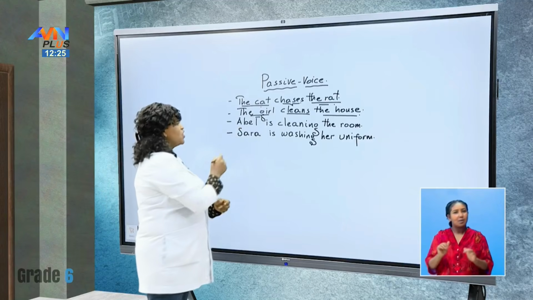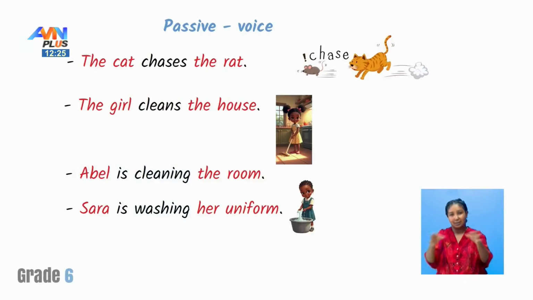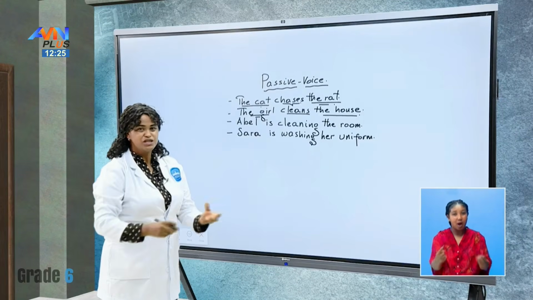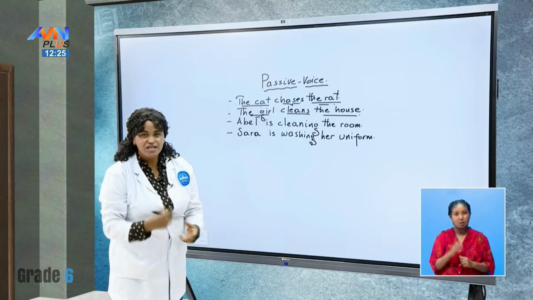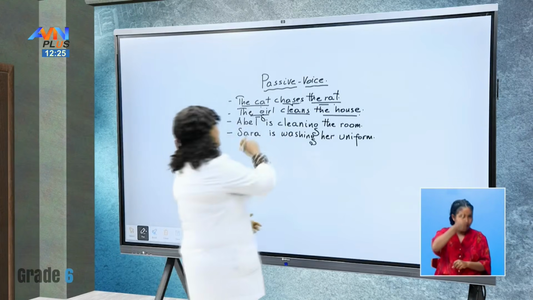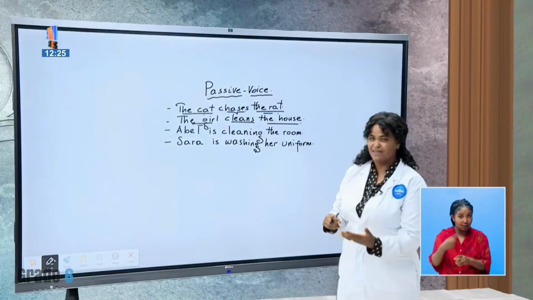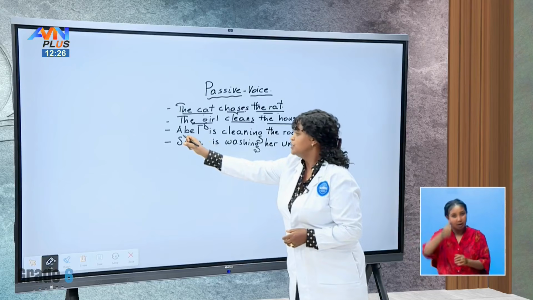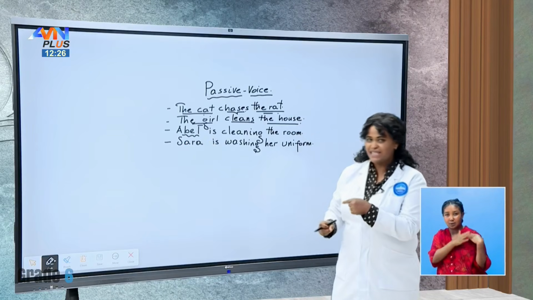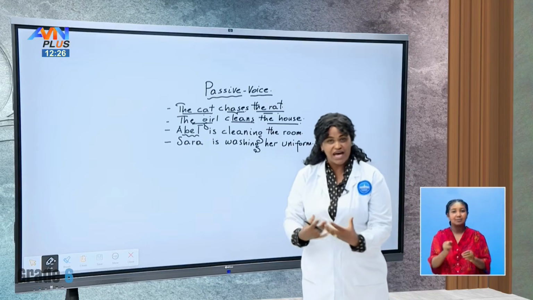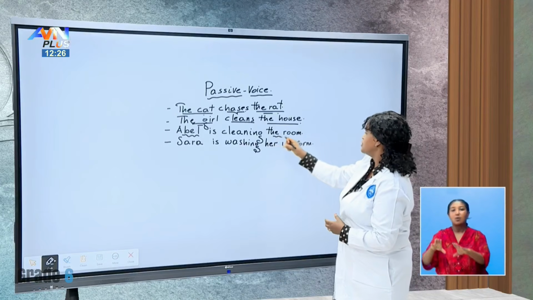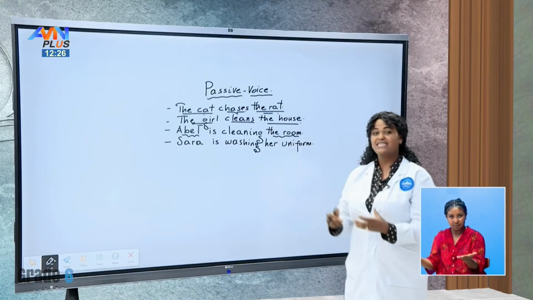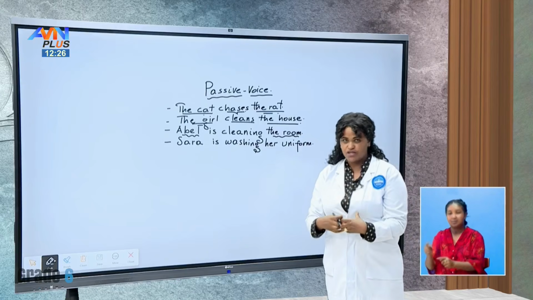How about the third sentence? Abel is cleaning the room. Now an action is being performed. What is that? Cleaning. Who is doing the cleaning? Abel is doing the cleaning. That means Abel, the subject of the sentence, is performing the action cleaning. And the room is the object that is the receiver of the action.